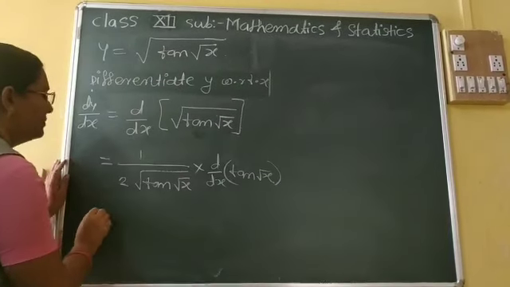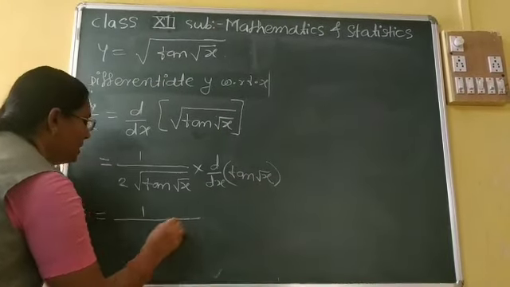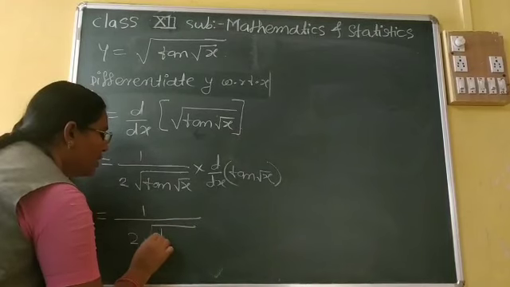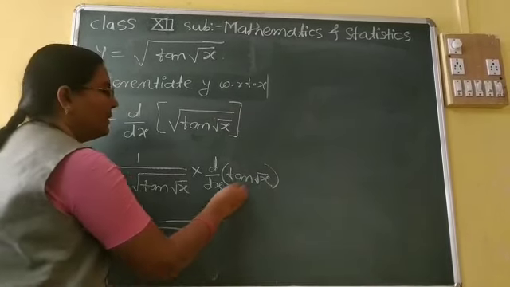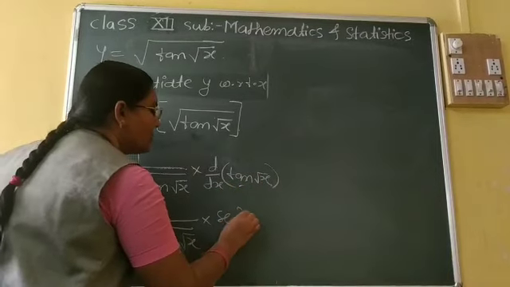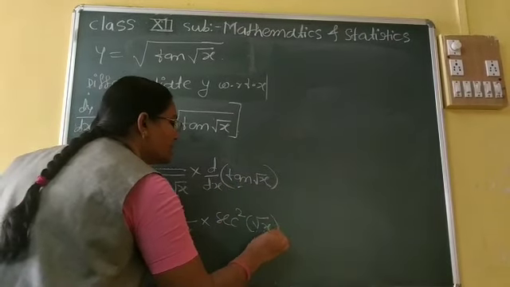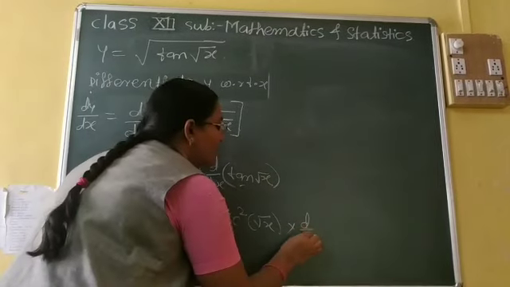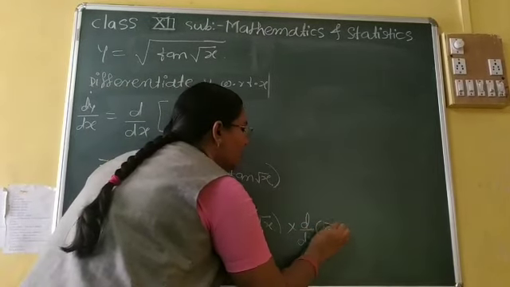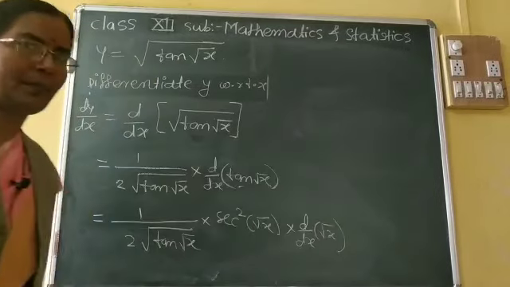We get it is equal to 1 by 2 root of tan of root of x into derivative of tan, which is sec square of root of x, and again multiply by the derivative of the inner function, that is derivative of root of x.